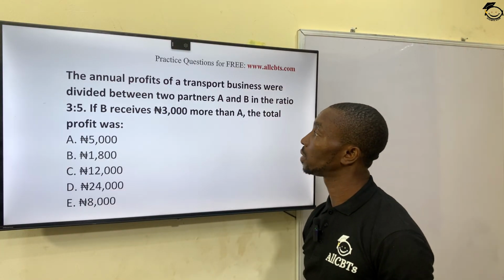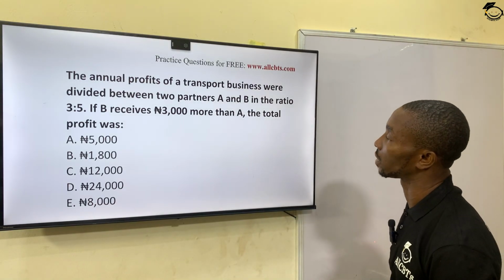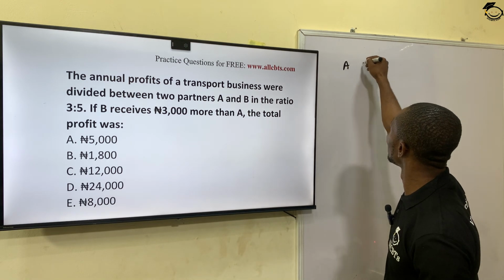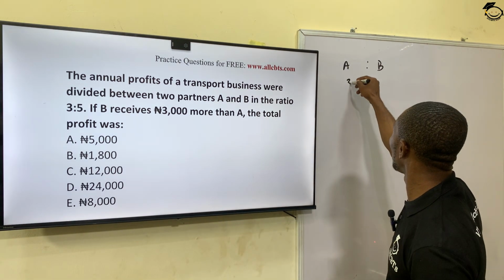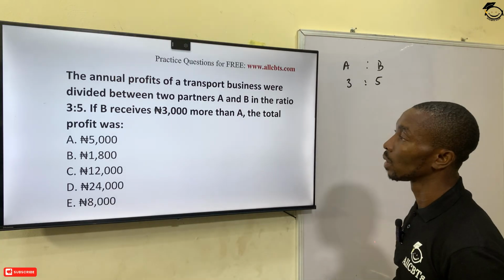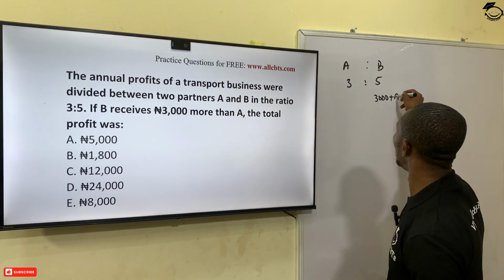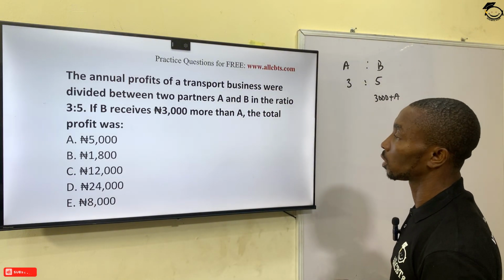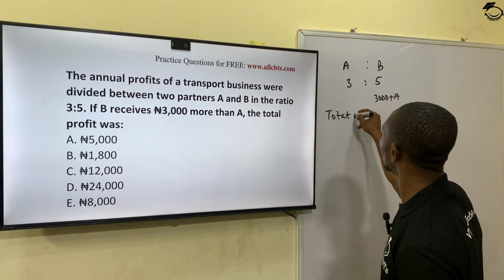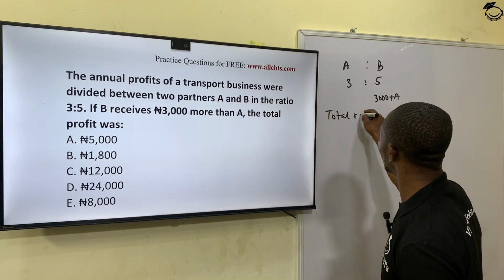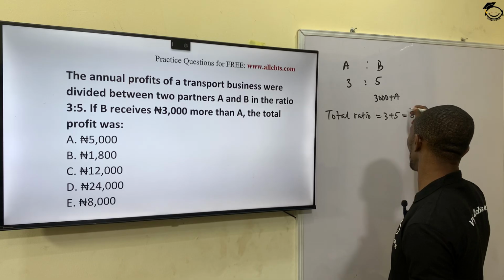The annual profits of a transport business were divided between two partners, A and B, in the ratio of 3:5. If B receives 3,000 more than A, the total profit was, now our total ratio is 3 plus 5, which gives us 8.